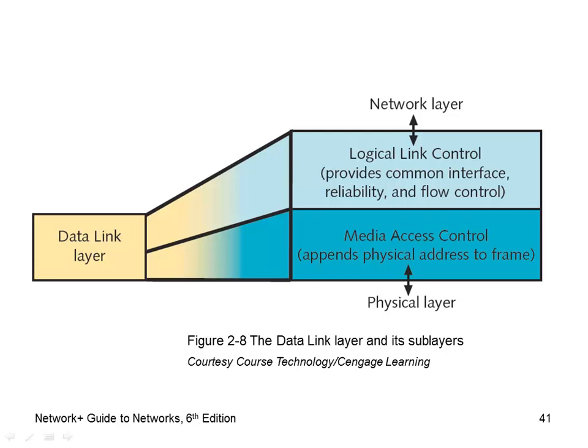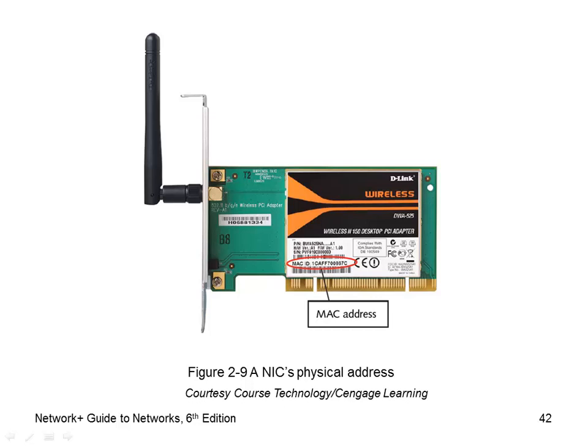So here they show the two layers and why there's two. LLC is at the top and it works directly with the network layer. And then MAC is at the bottom. And the MAC is going to frame everything so that when it gets to the physical layer, it can actually be sent out on the network. Here they're just showing a picture of a wireless card.